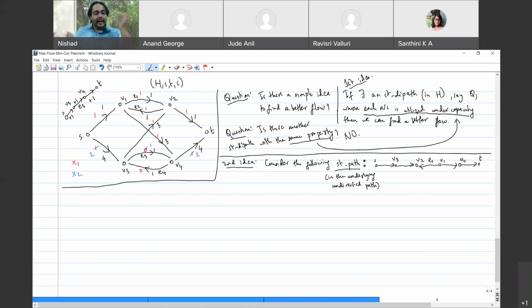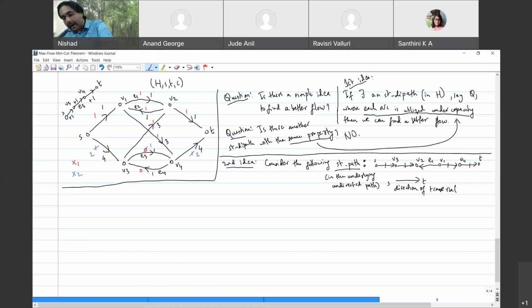And the undirected graph here, notice that it is not a simple graph. You have these parallel edges. E1 and E2, for example, become parallel edges in the undirected graph. However, for all the forward arcs, which means the arcs that are directed from S towards T in this direction of traversal, all the forward arcs are under capacity.